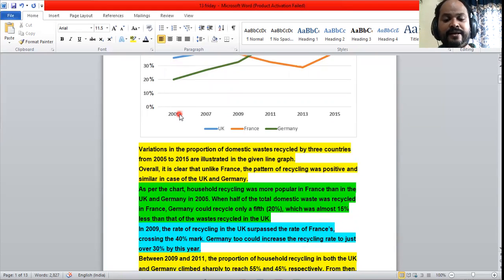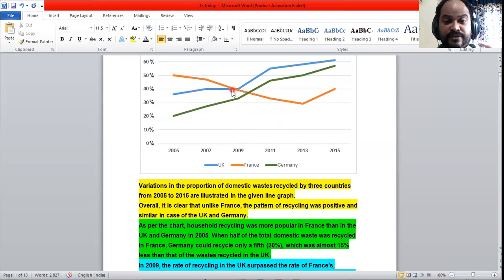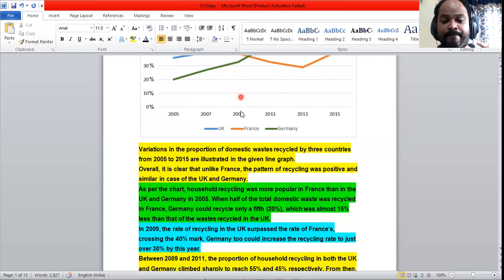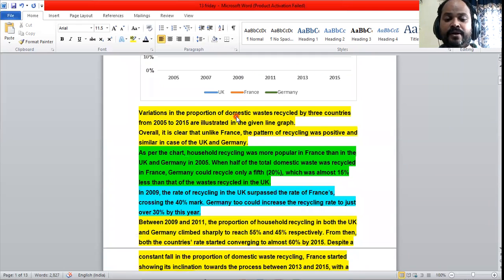Okay, it's clear there. In 2009, the rate of recycling in the UK surpassed the rate of France, crossing the 40% mark. Germany too could increase the recycling rate to just over 30% by this year.